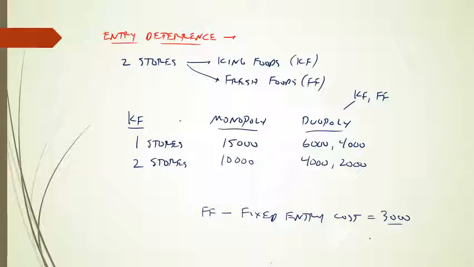So let's go ahead and build a game tree that shows the decision paths that each firm has. And so we're going to start with King Foods on the left. We have a system of nodes and connectors.